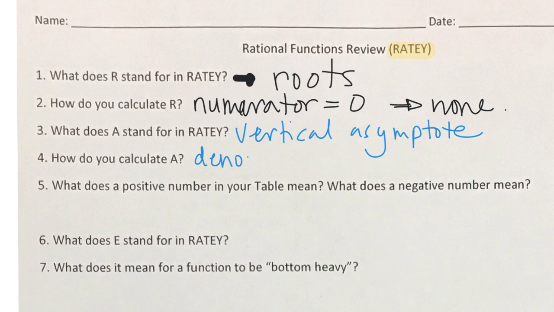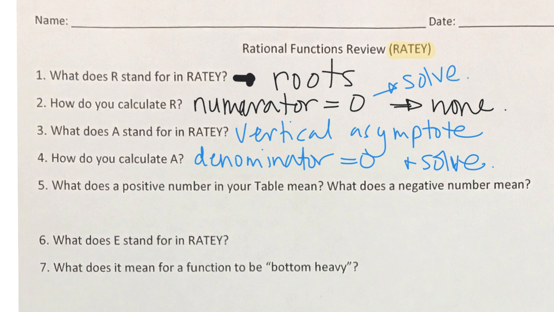You find that by setting your denominator equal to 0 and solving for x. An intercept is a point, something comma 0, but your asymptote is a line, a vertically dashed line through your graph.